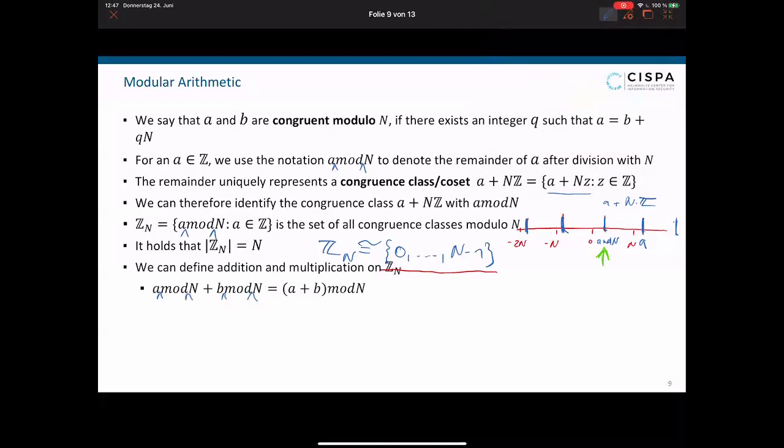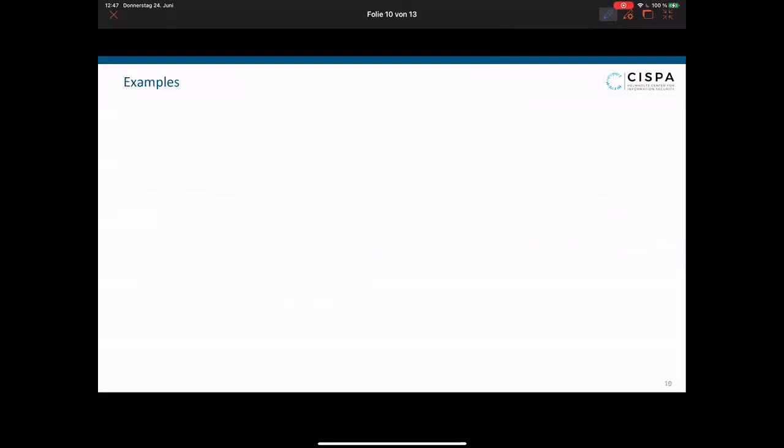The sum of two congruence classes is just the congruence class of the sum, right? a mod n plus b mod n corresponds to a plus b mod n. And the same for the product.